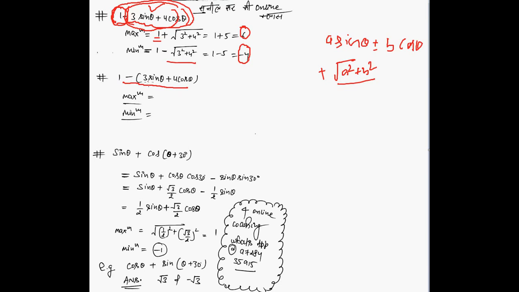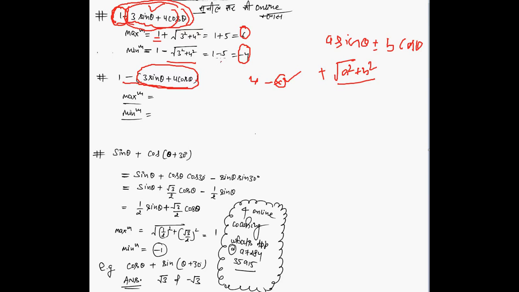Here see 1 minus, as already discussed, the function is in the form 4 minus x, where x is variable. Here what is variable? The full function is variable. This is maximum when x is minimum, and this is minimum when x is maximum. It is maximum when this function is minimum.